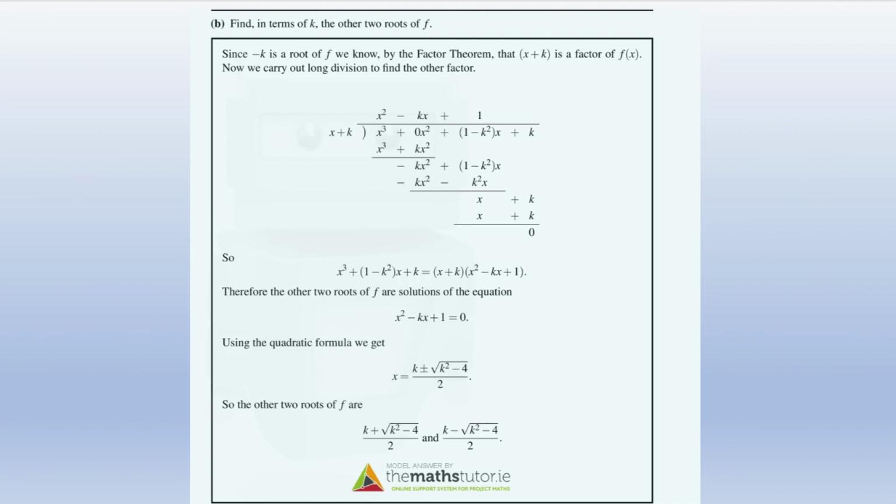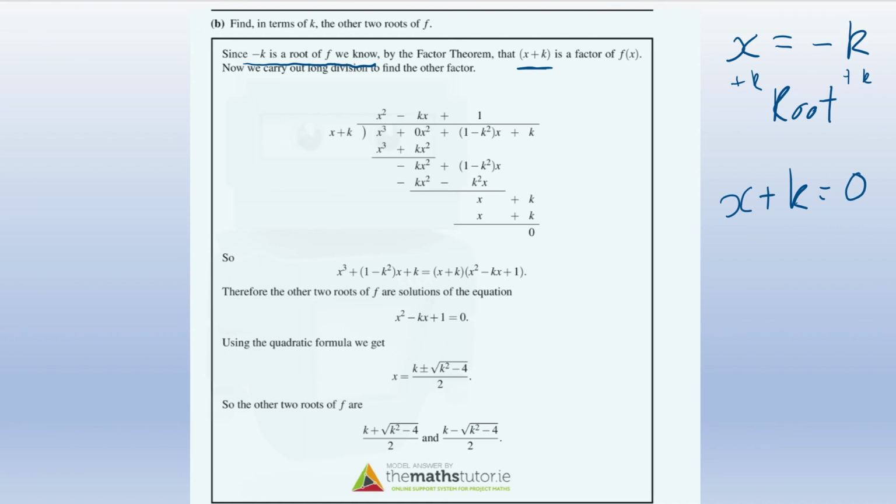So you knew from the start that minus k was a root of f. So you knew that x plus k was going to be a factor of f of x. So just on the side here, you knew that x was equal to minus k. That was your root. But if you add k to both sides, plus k, then x plus k is equal to 0.